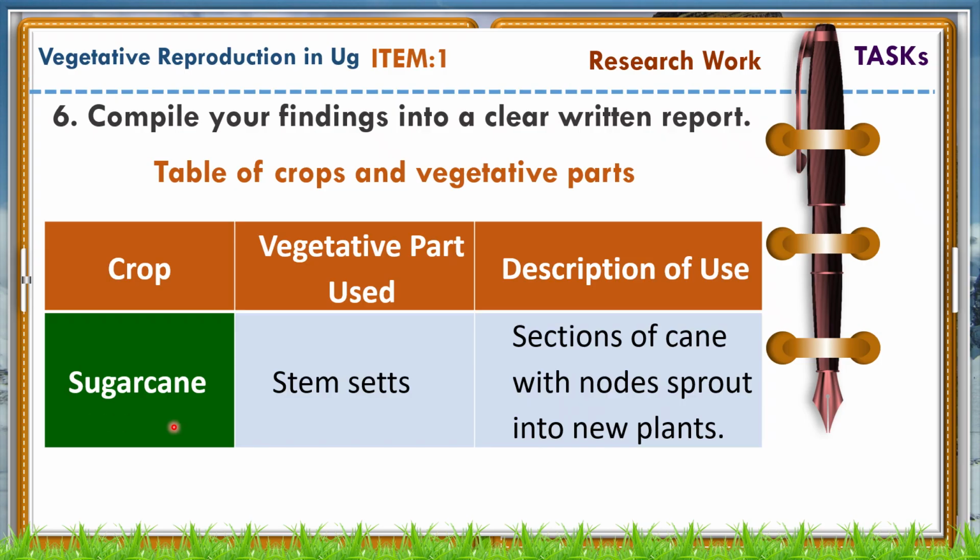We have the sugarcane. For sugarcane, we use the stem sets. These are just the sections of the cane that have nodes. They are the ones that are going to sprout into a new plant.